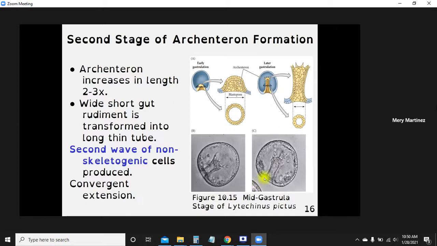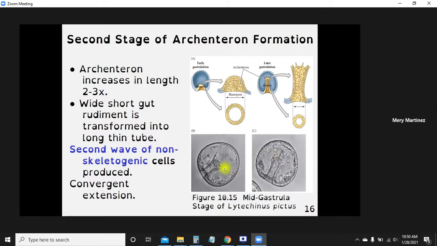You see here a little bit of roundness, and here it becomes flat and very thin. Cell division continues producing more endodermal cells, which enter the embryo. We also see the formation of the secondary mesenchyme, a second wave of non-sclerogenic cells, and the Archenteron continues extending.